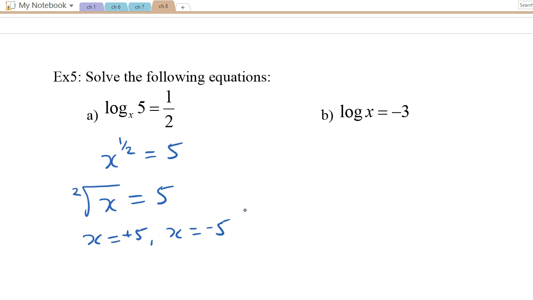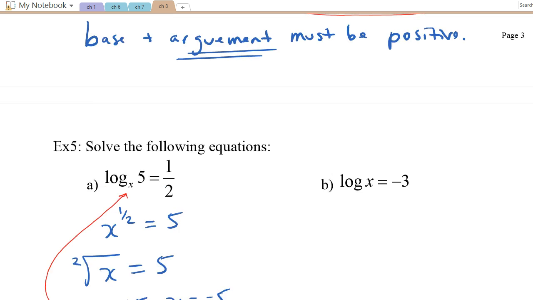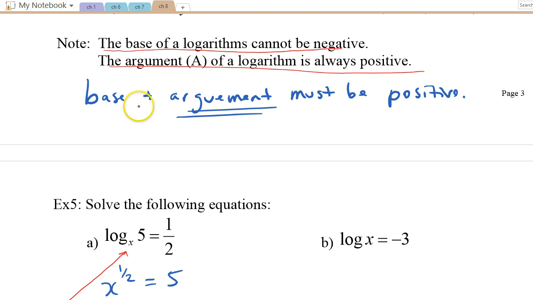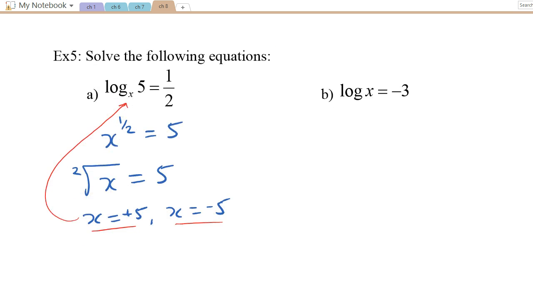At this point, I should check both solutions out. I should go and put them back, substitute them over here. If I put a positive 5 in there, we're good to go because the base is positive. Remember, our base has to be positive, and so that would work. But if I put the negative 5 in there, we would have no solution. So what you need to do is demonstrate that you found this root.